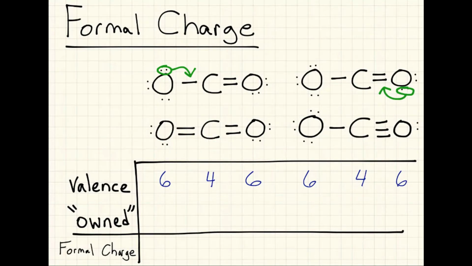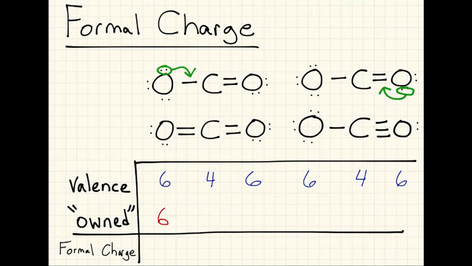So for each bond that I draw, there is 1 electron in it that belongs to each atom. So if I'm going to calculate how many electrons I imagine this oxygen as owning, I would count 1, 2, 3, 4, 5, 6 in total: 1 for each of the lone pair electrons, and 1 for each of the bonds.